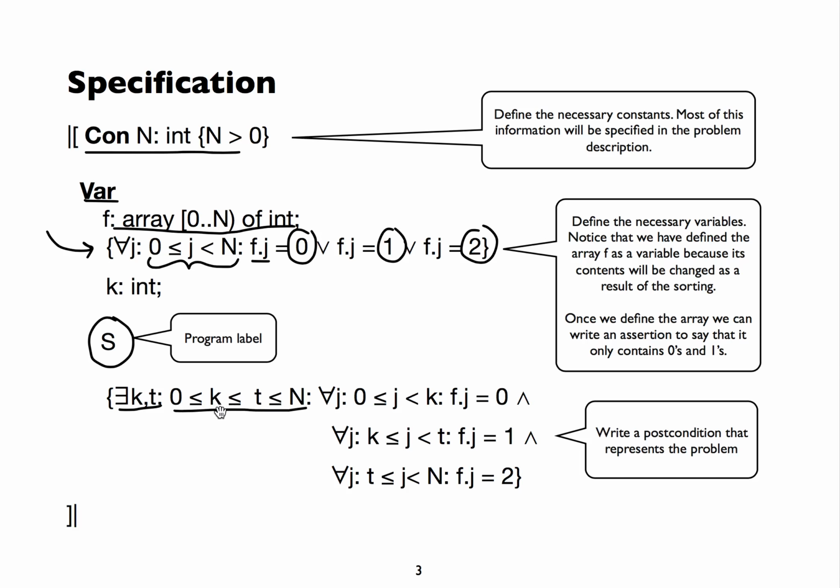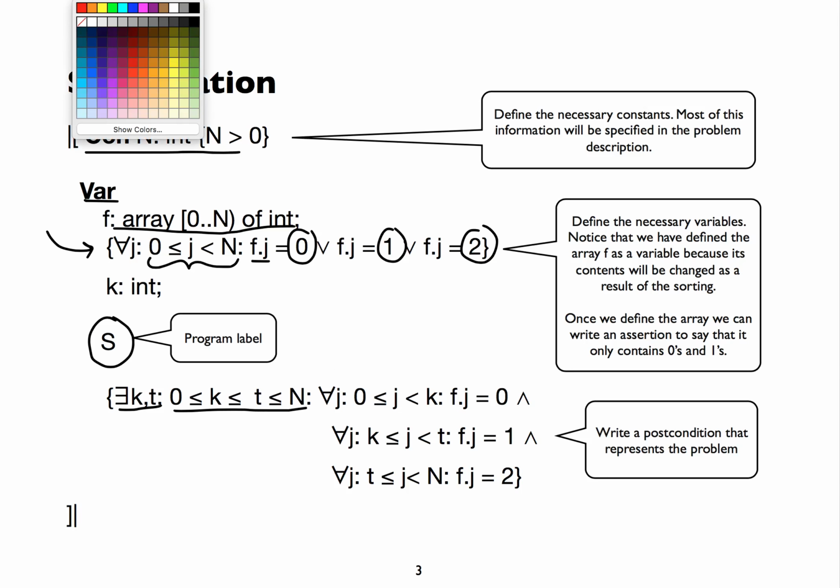We have two variables. k is going to be a variable between 0 and t, and t is going to be a variable between k and n. Now with that setup, we can define three different segments of the array, and we can specify what each of those segments contains.